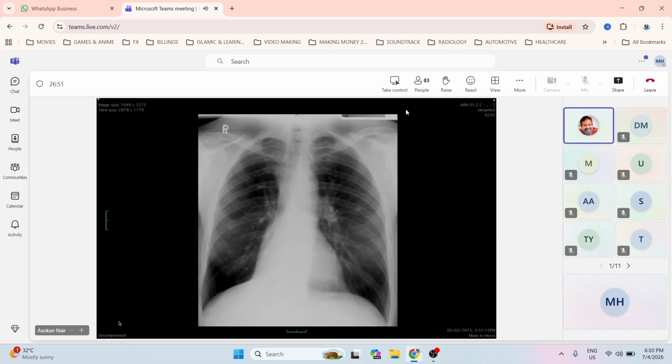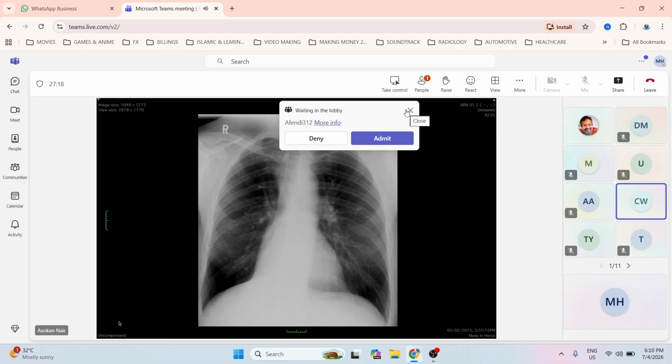Okay, next. I'm Chan from UM. I would like to review this chest radiograph for a skeletally mature patient. In both lung fields, there's no consolidation, cavitation, or lung nodule. No pneumothorax.